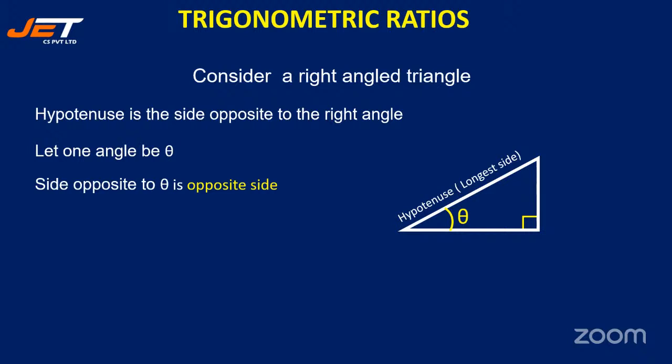Always remember, the side opposite to theta is the opposite side. The third is the adjacent side, right? So the longest side is the hypotenuse. Wherever we have theta, the side opposite to that theta is the opposite side. And the third side is called the adjacent side.